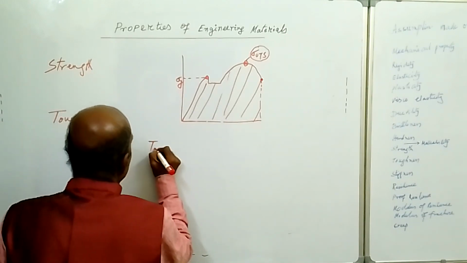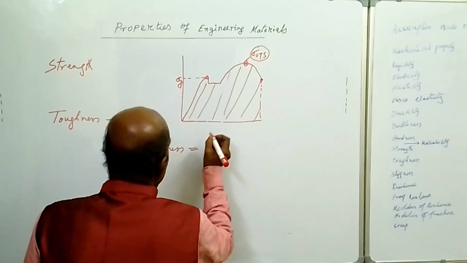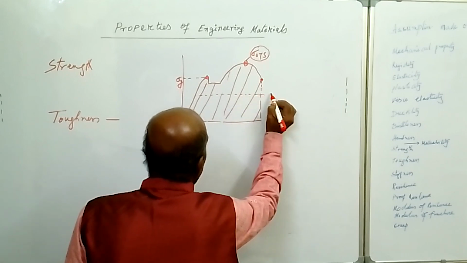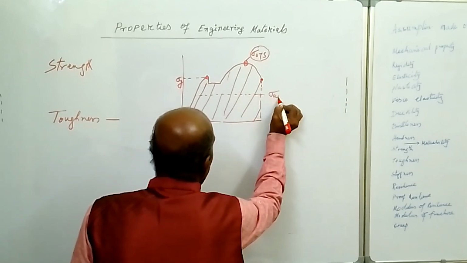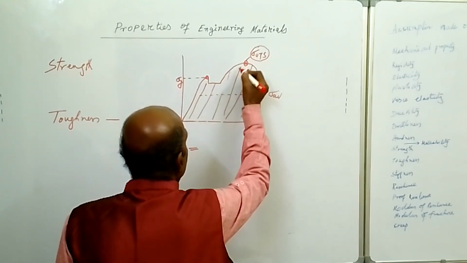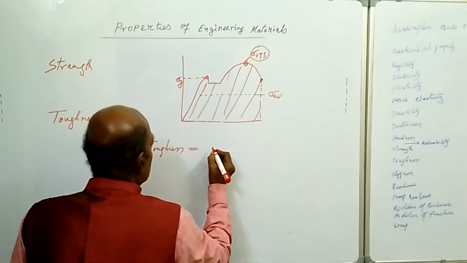So toughness is equal to, if we find the average stress, say this is sigma average, because sometimes the stress is this much, sometimes this much, so the average stress becomes this one.